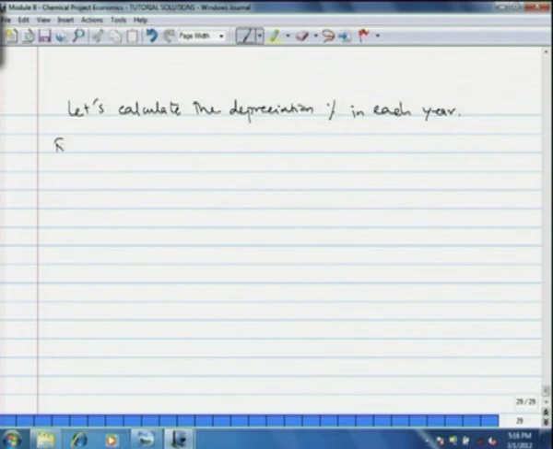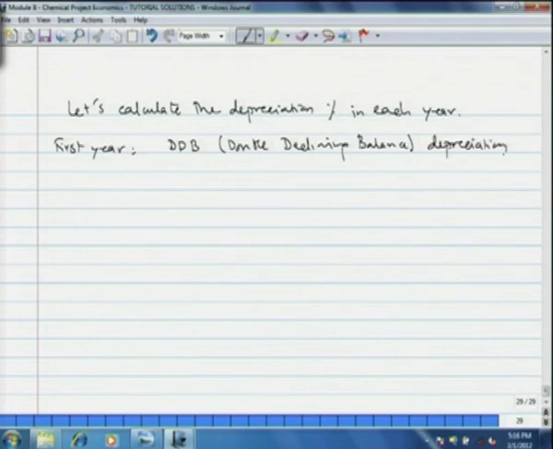First year, we have the double declining balance method that we denote as DDB, with half year convention. So, for the first year, DDB depreciation would be 2 divided by 5, that is 2 into 1 divided by 5. 1 divided by 5 is the straight line and double of that.